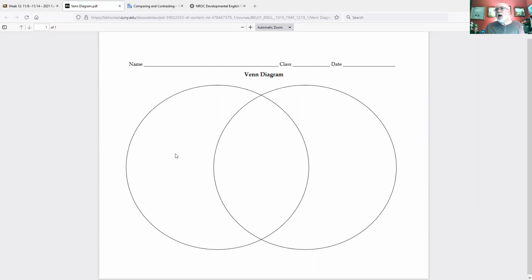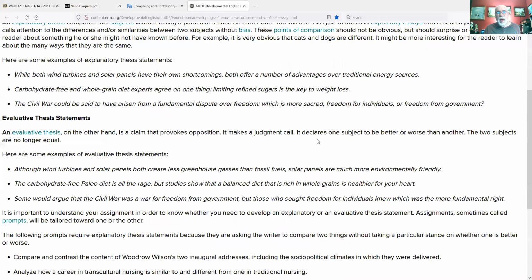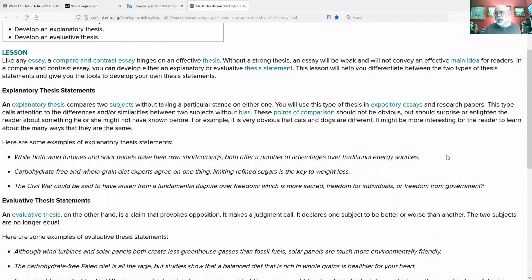And then you just write a tentative thesis statement, right? Just use the examples that I showed you here as a guide, okay? And I'll see what you come up with, and we'll take it from there. I think that's probably the best way to work this. All right.